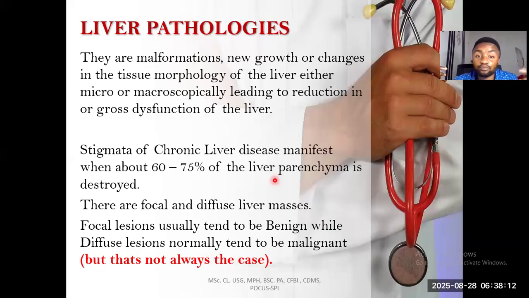I've forgotten to ask you, and I'm sure nobody read it, right? I'll ask you. So go and read about the stigmata, just search stigmata of chronic liver disease. It will give you all of them. If you pick the upper limbs, we have them.